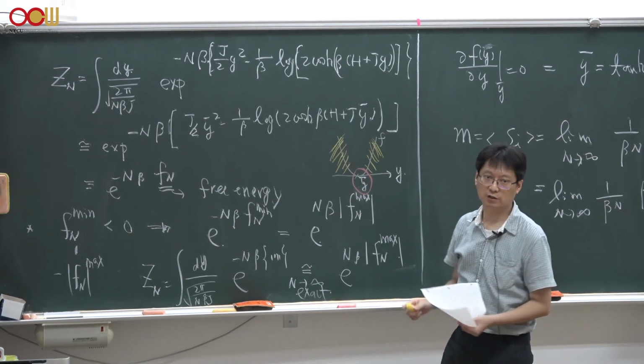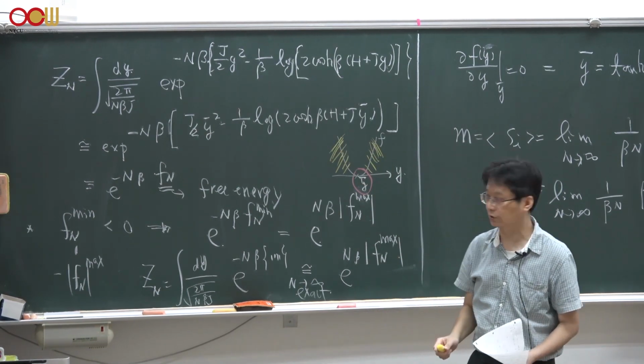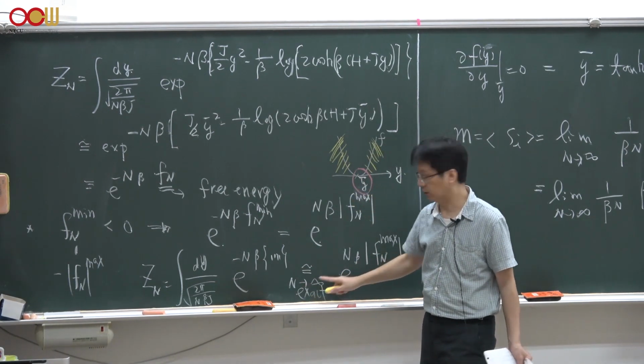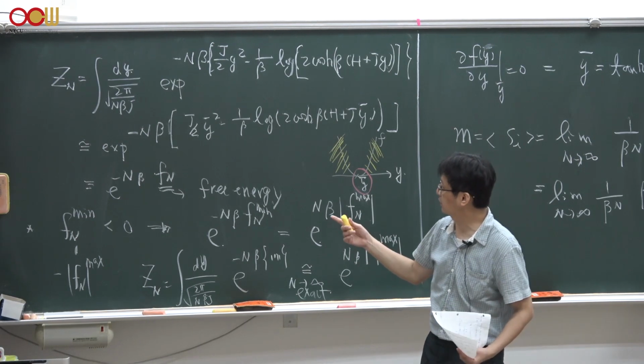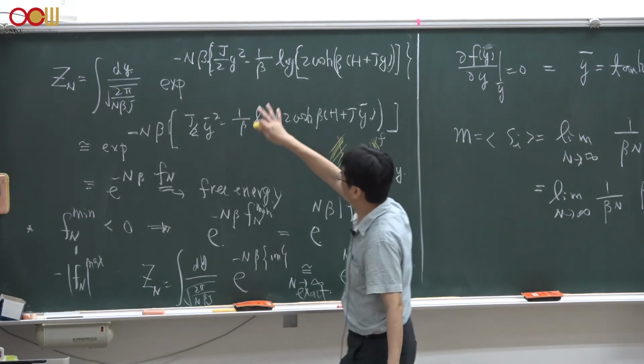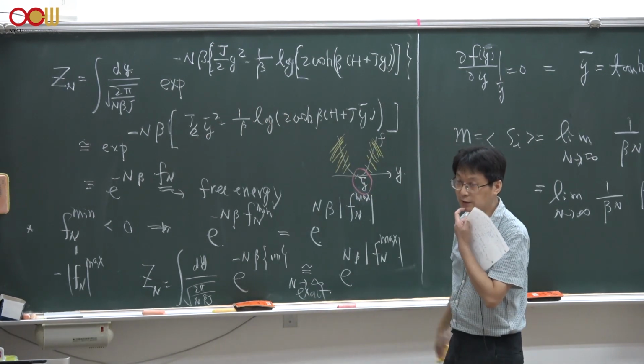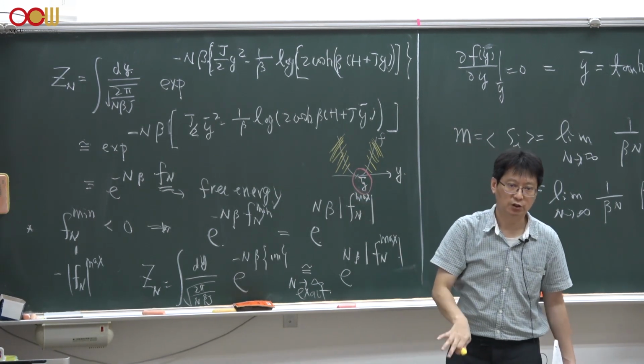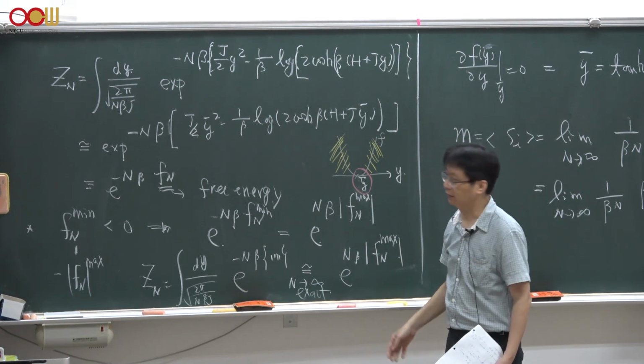This is certainly an approximation, but it becomes exact in the thermodynamic limit when n goes to infinity. As I mentioned, when n goes to infinity, we don't care about the other contributions, because at this minimum point the free energy is minimized and oftentimes acquires a negative value.